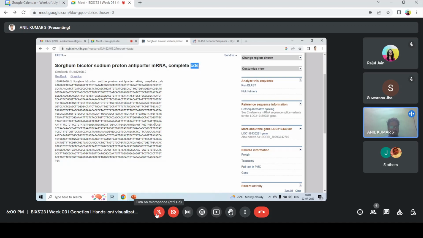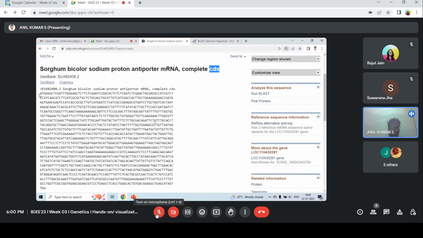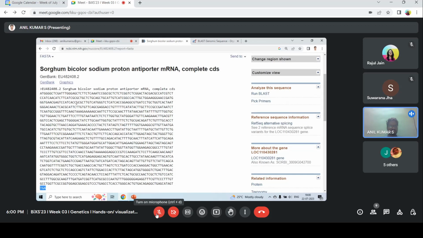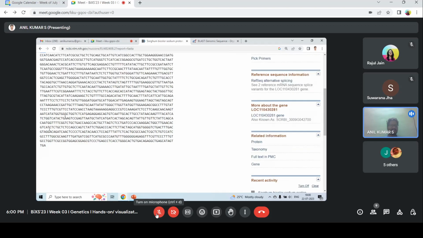If you look at the sequence, you can clearly see it starts with ATG, which codes for methionine, and at the end you can see a stop codon, TGA. Any complete CDS will start with ATG and end with one of the three stop codons: TAA, TAG, or TGA.